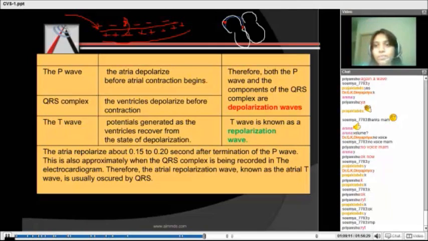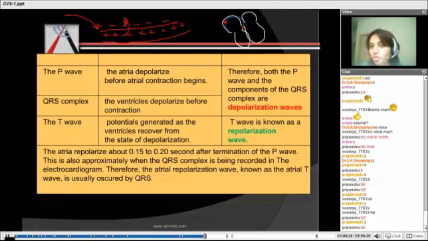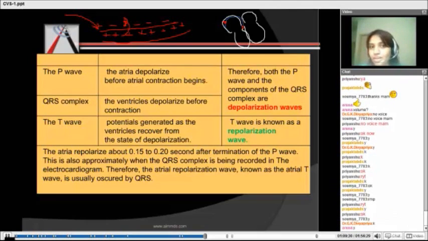Hopefully the depolarization would have been discussed somewhere, either in the nerves or elsewhere. Are you all okay with that, the depolarization part? I'll not go into how it happens, which channel opens and all those things. All you need to know right now is that it is in the polarized state and depolarization excites it.